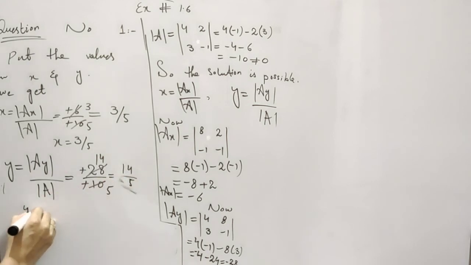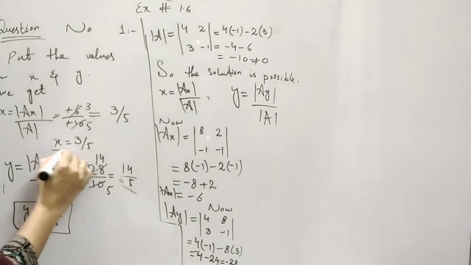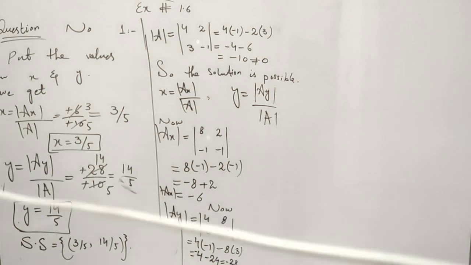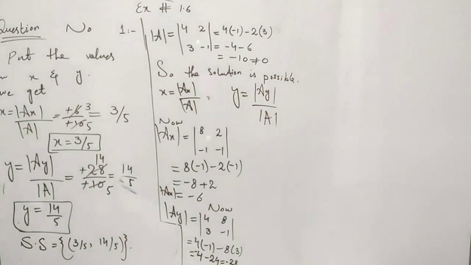So y is equal to 14 by 5. This is the value of y and this is the value of x. So the solution set is x equal to 3 by 5 and y equal to 14 by 5. This is the answer of the third part of question number 1 by Cramer's rule.